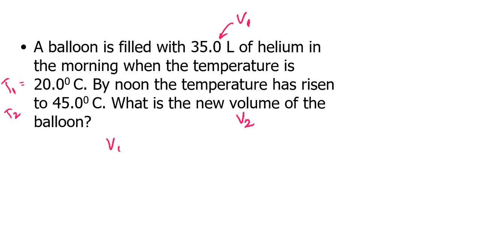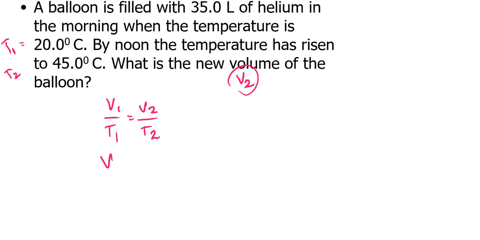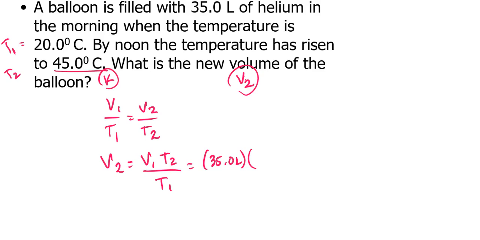Based on what we discussed earlier, that's V1 over T1 is equal to V2 over T2. Solving for V2, V2 is equal to V1 times T2 over T1. Substituting in, my V1 was 35 liters. My T2 was 45 degrees Celsius, but remember, all gas law problems involving Charles's law, involving the ideal gas constant, must have temperatures in units of Kelvin.